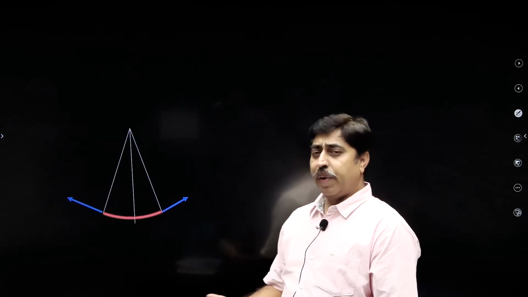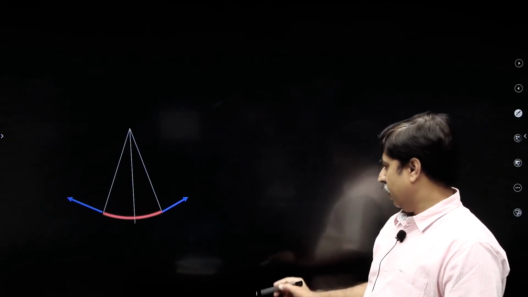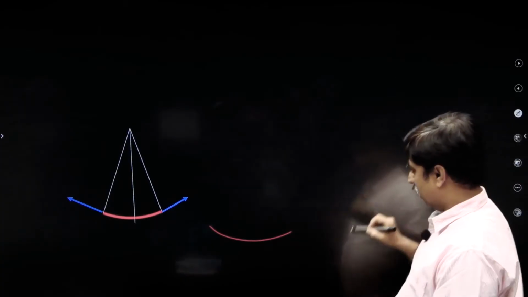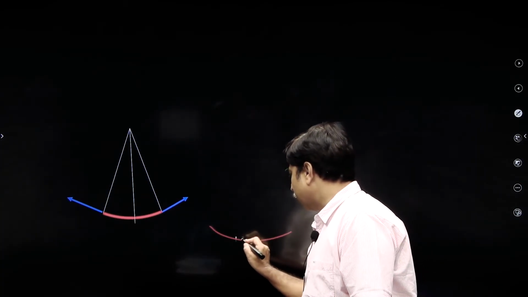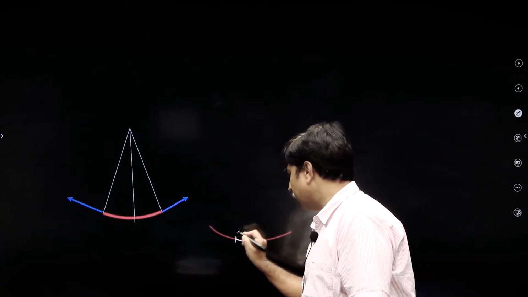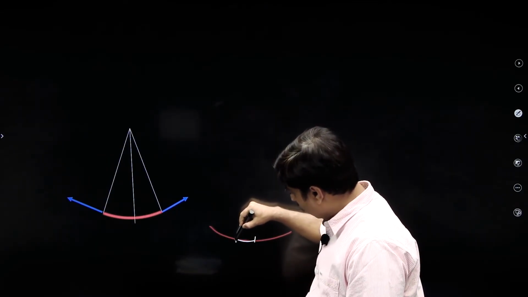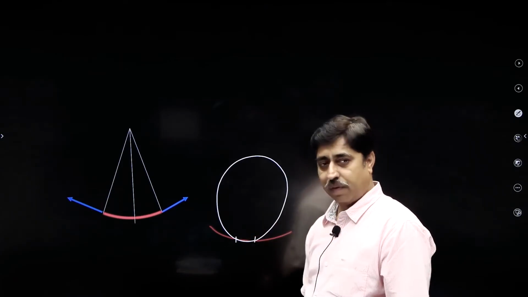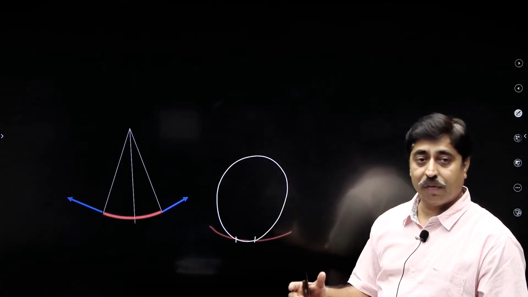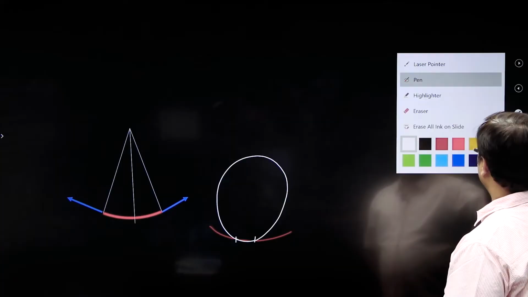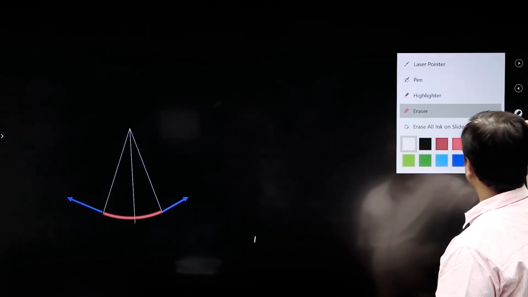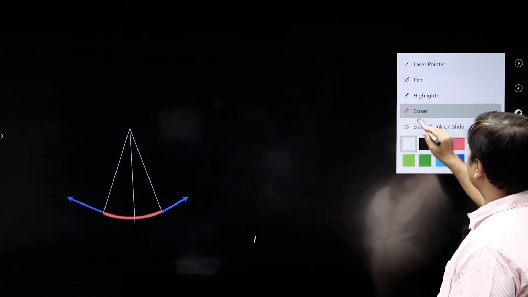Now, what is the meaning of radius of curvature? If the rope is curved like this, then what we are saying is this small segment is a part of a circle. I have drawn a very poor circle, so let me rub it off and first draw a circle.